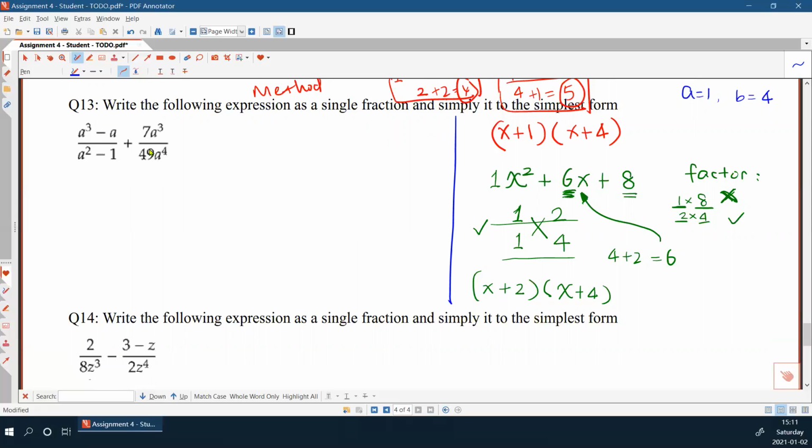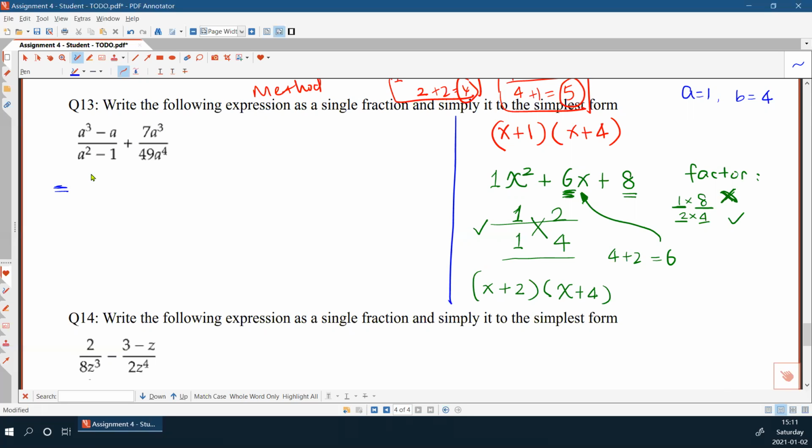To rewrite the following expression, you need to find the least common denominator, right? But it's better to simplify each term before you find the common denominator. So let's see if we can simplify each of the terms.